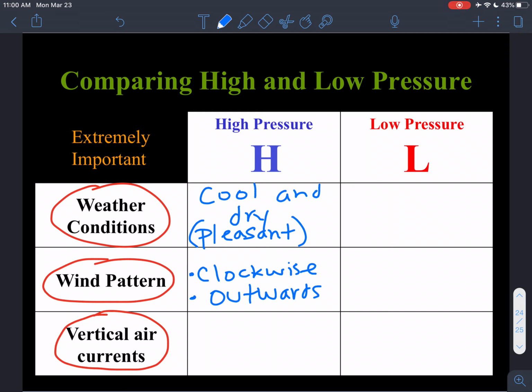And for the vertical air currents, since it's got a high pressure, that means there's a lot of molecules, so they become very heavy. So high pressure equals heavy, that means the air is going to sink. So we'll put sinking air.